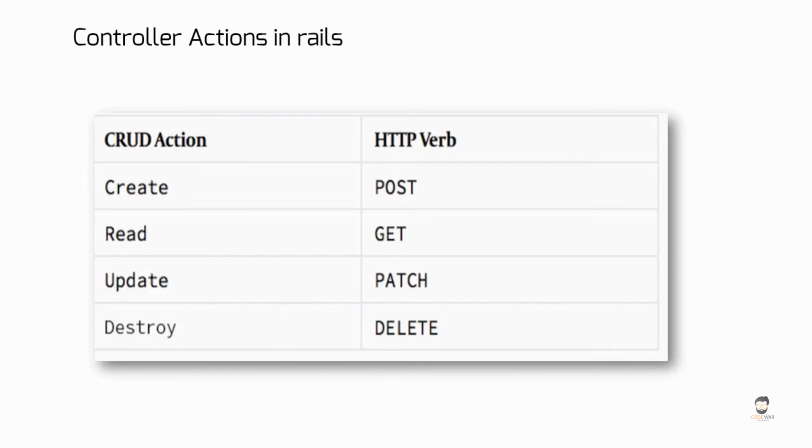These are the 4 operations and HTTP verbs available in Ruby on Rails: create, read, update, delete. The post verb means to create, get means to read a post or some data, patch is used to update, and the delete verb is used to destroy.